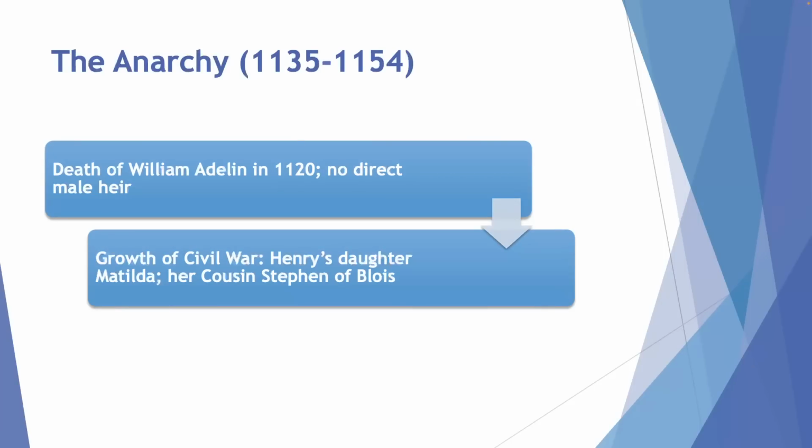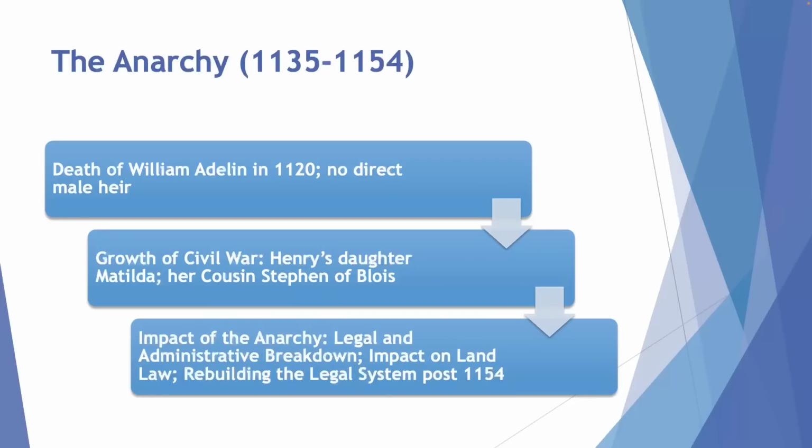So you have the death of William Adelin in 1120, leaving no direct heir. You have Henry's daughter Matilda being probably the most likely to secure the throne, but then you have her cousin Stephen taking the throne instead. And so the result was that there was a major impact on the legal system. The anarchy had significant implications for what ultimately happened to the law at this time.